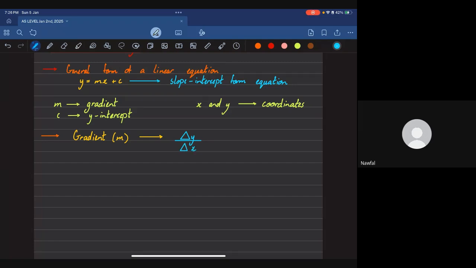All right, the symbol right here is delta, and it denotes change in y and change in x, or change in everything.